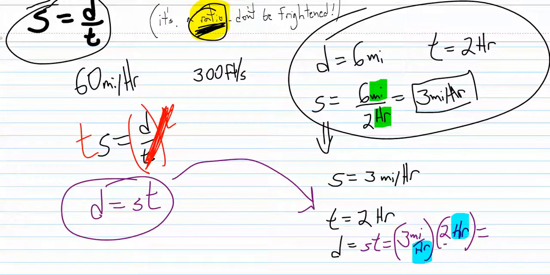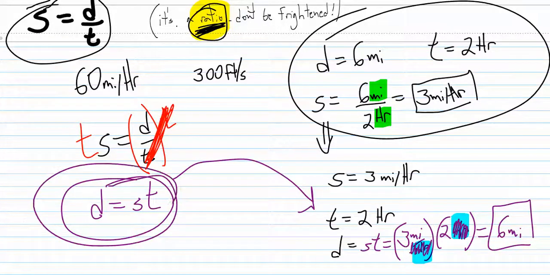Well, if you wanted to pretend that there was a 1 under here, you could. But what it means is that the hours cancel out. They are gone. So 3 times 2 is 6, and since the hours canceled out, the answer is miles, 6 miles. Once again, you already knew that from common sense, but when you're doing other problems, it might not be that obvious to you, and you might actually have to do this little bit of algebra that we did here.